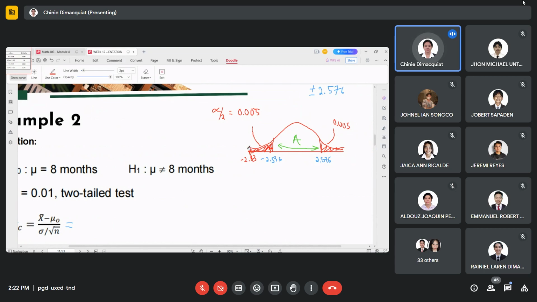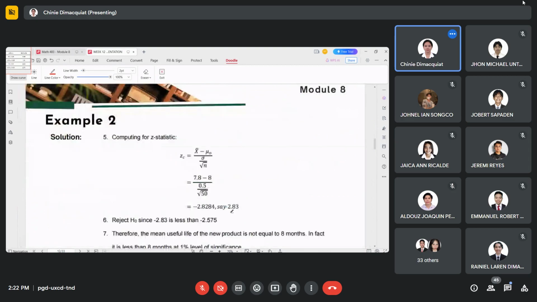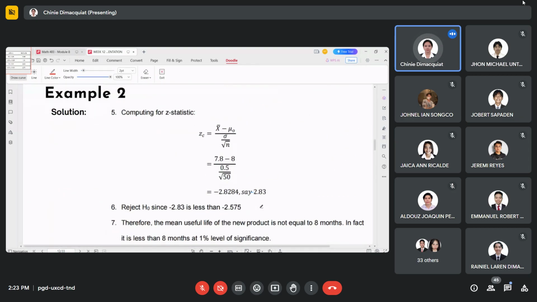Since siya ay under nitong shaded region, and ito nga pong ating shaded region ay rejection region, therefore kailangan nating i-reject si null hypothesis. So, reject null hypothesis since negative 2.83 is less than our critical value na negative 2.575 or 576.